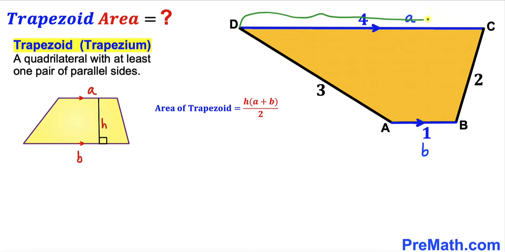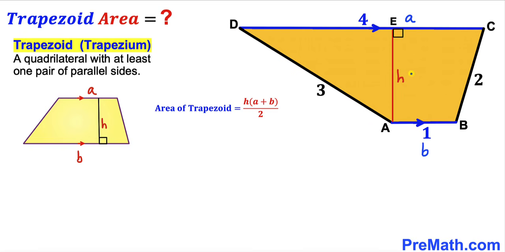This base is lowercase a, and this other base is lowercase b. Bear in mind lowercase a equals 4 and lowercase b equals 1. Furthermore, this height AE of the trapezoid is represented by lowercase h.